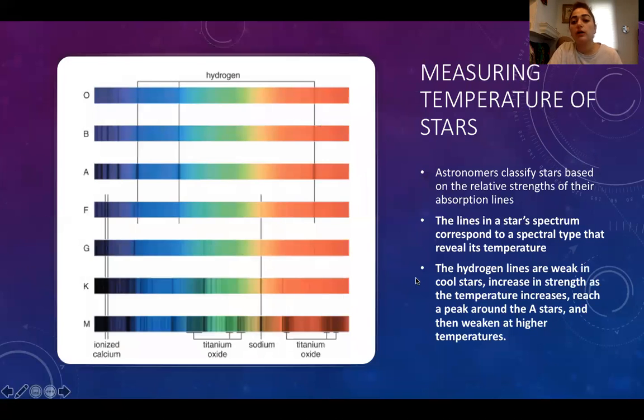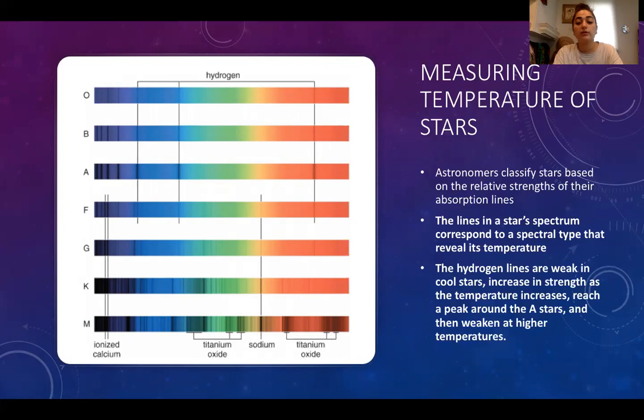So measuring temperature of the stars. Astronomers classify stars based on their relative strengths of their absorption lines. And the lines in a star spectrum correspond to a spectral type, that is their temperature. And as you can see, the hydrogen lines are weak in cool stars, and they increase in strength as the temperature increases.